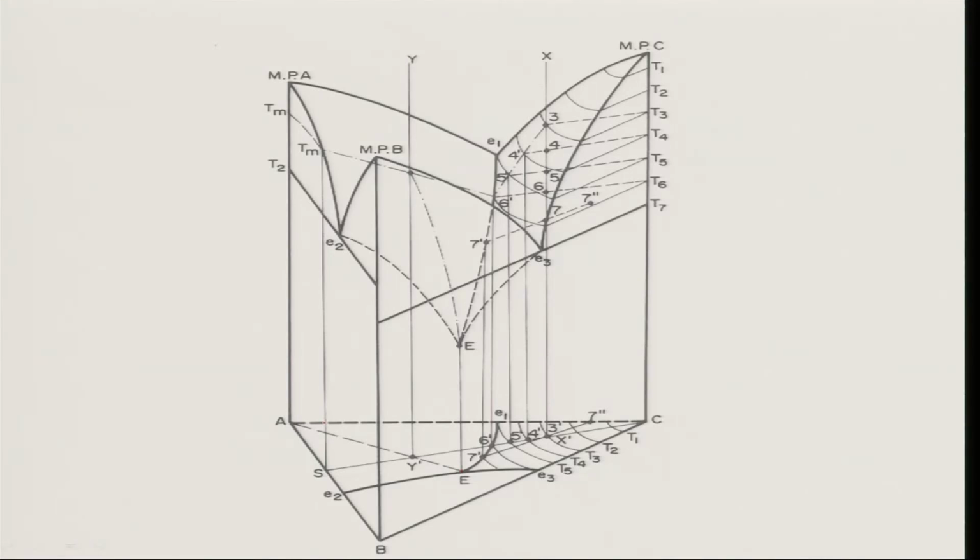Okay, any of these cusps, this one or this one or this one, they will be basically solidifying as a ternary eutectic.